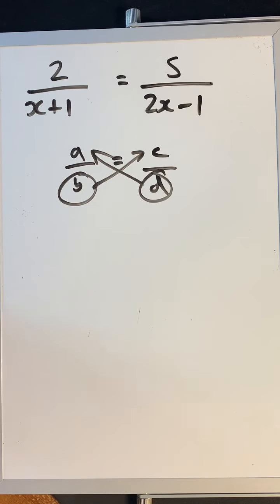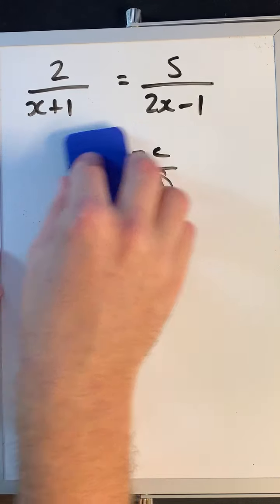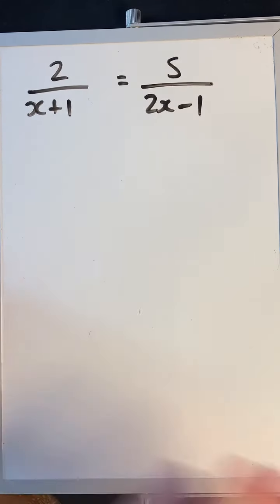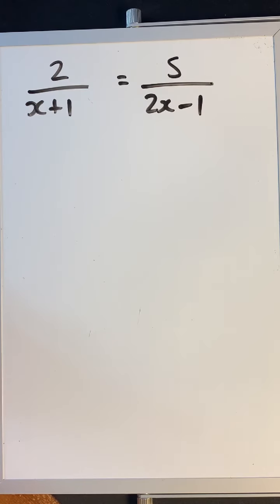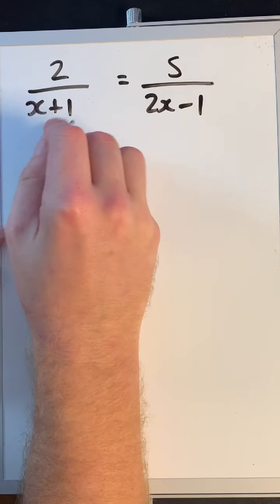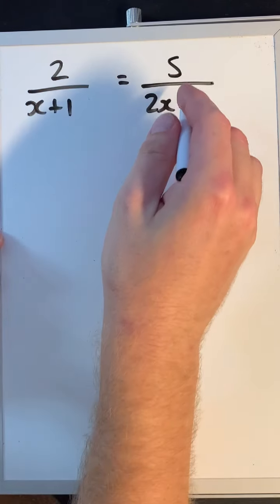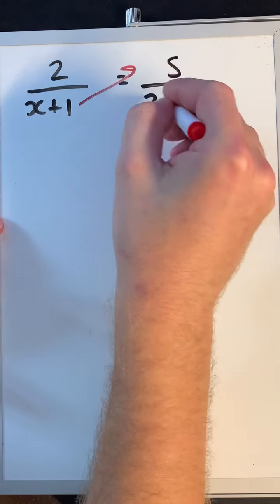There are a few exceptions when you've got things multiplied on the bottom, but we'll see them further down the line. But generally you need to take everything to the top in this way. So let's cross multiply this x plus 1 to the top right and this 2x minus 1 to the top left.